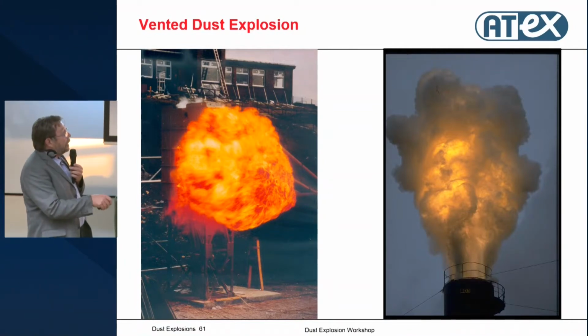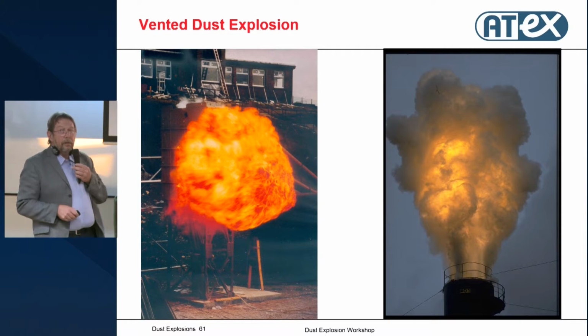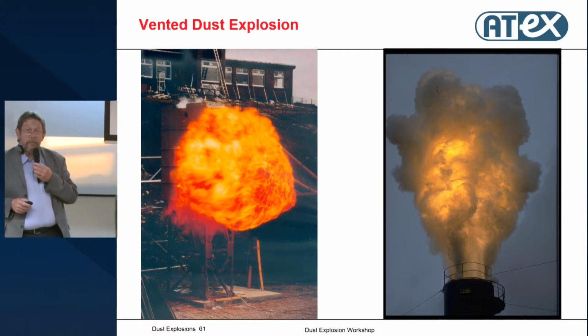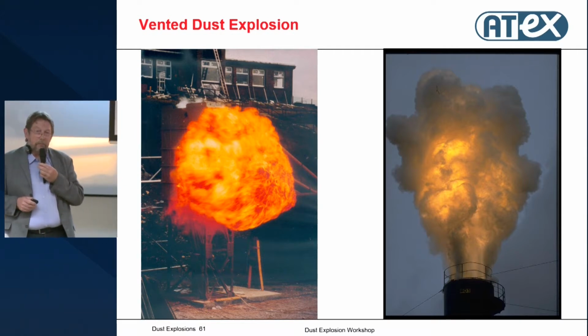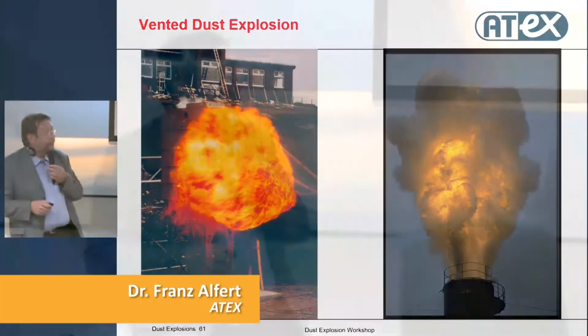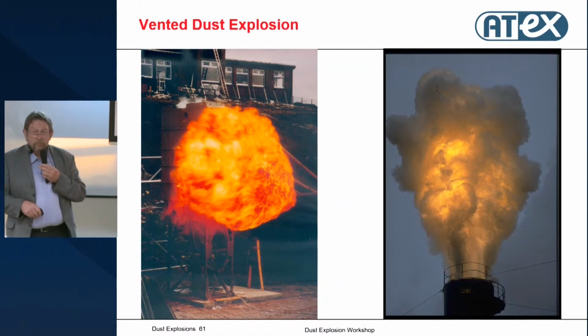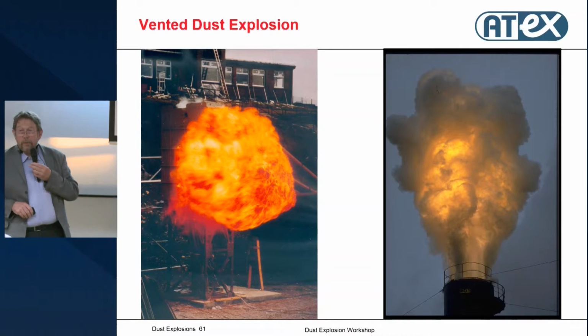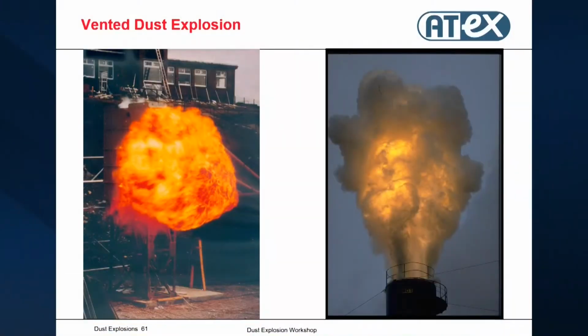If we ignited halfway down at about 10 meters, we would get not 25 to 30 millibar, but 250 millibar, which is already a little bit more. But if we ignite at the bottom of the silo, in this type of silo, we would get between 1.2 and 1.6 bar. No silo can take that. And that was a very new thing that we had to take into account. If you have elongated vessels, then you have to account for that, and all standards include this now.